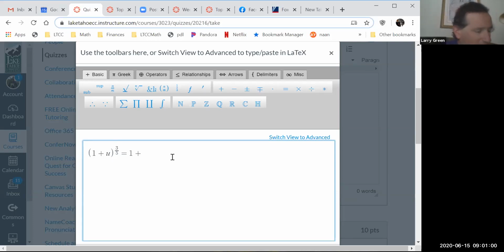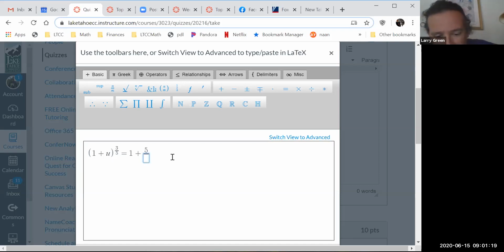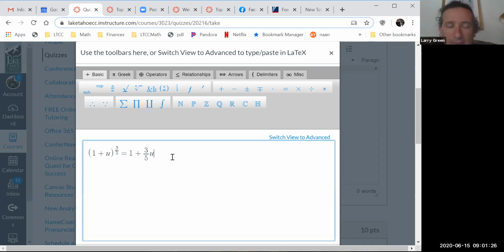Who knows the next term? It's r x, or r u in this case, and r is 3/5, times u. Again, everywhere in the formula that I see an x, I write a u, and everywhere I see an r, I write a 3/5.